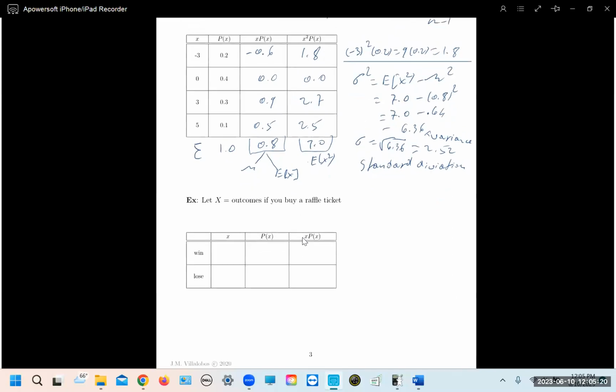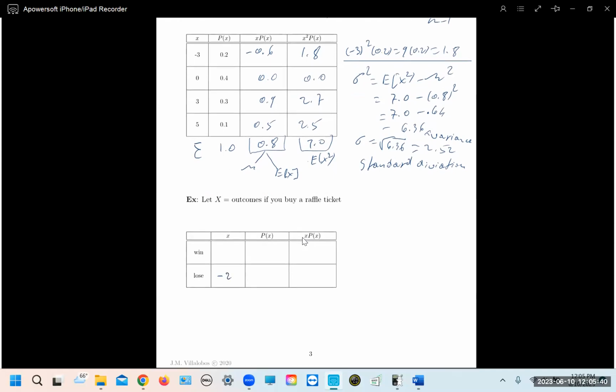So we can go with another example. Let X be the outcome if you buy a raffle ticket. Like I said before, we have a ticket for $2.